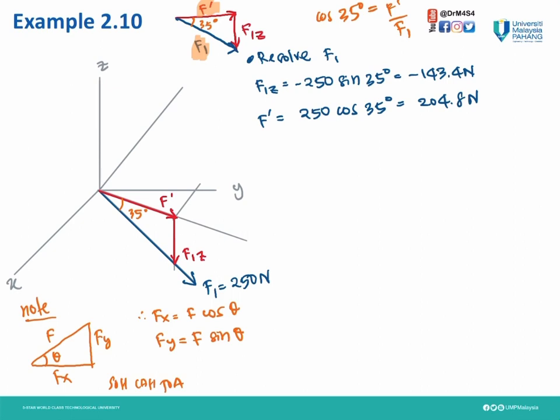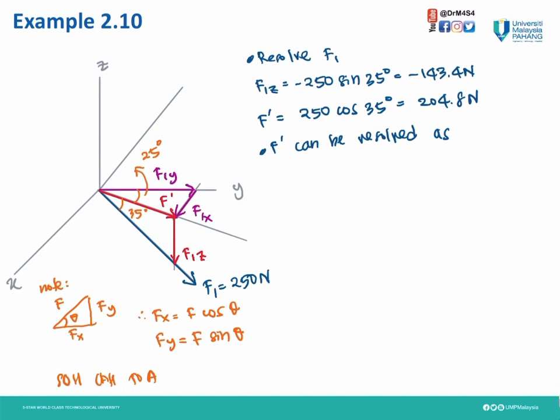So we get 204.8 Newton for our F prime. Then once we get F prime, we need to resolve that into another axis, which is the X axis and Y axis.